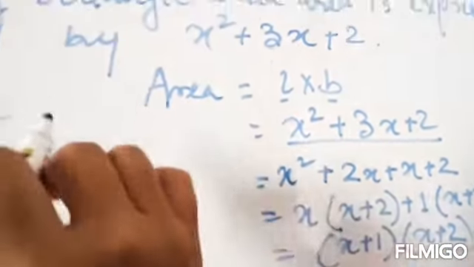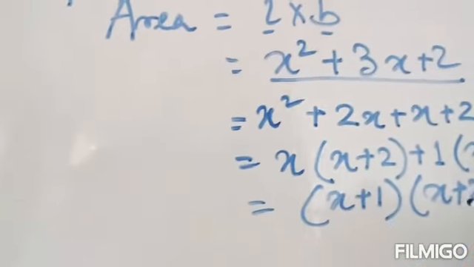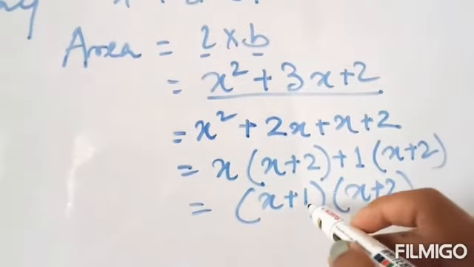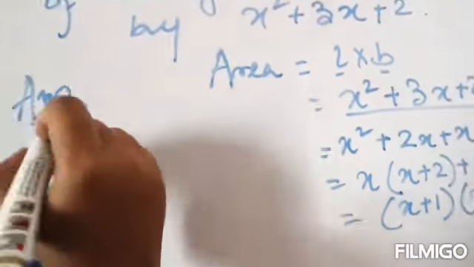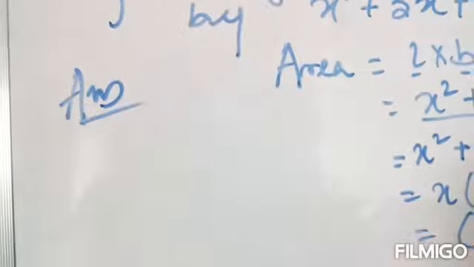Now see, for whatever be the values, x plus 2 will always be greater than x plus 1, and we know that length is greater than breadth.